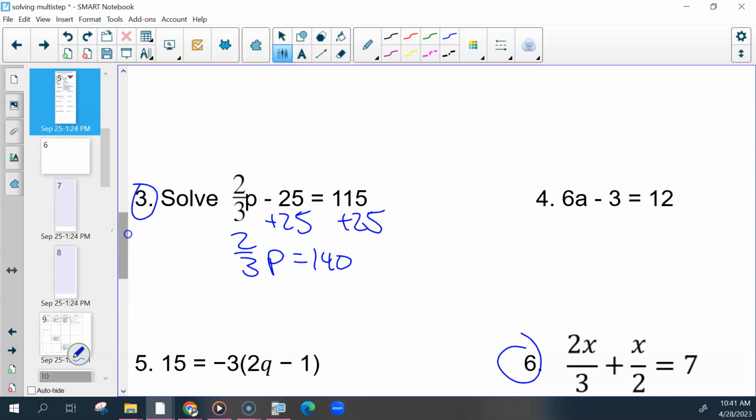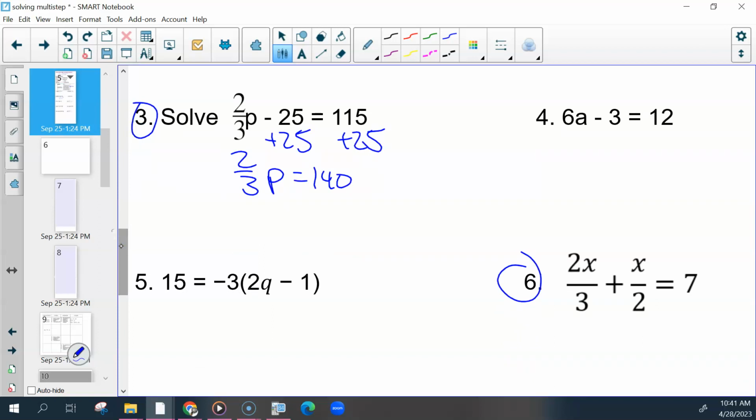Multiply it by what? What do you think? Okay, we could do that. So there are multiple ways to do this. We can multiply both sides by 3. The 3's here cancel out. What would this be?